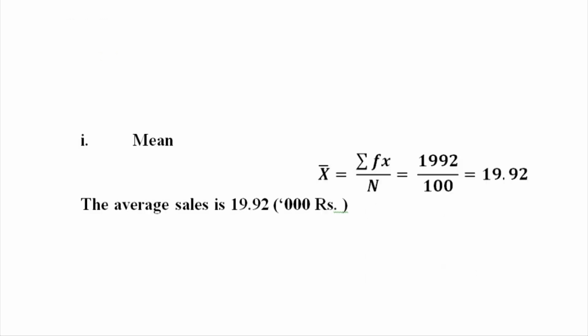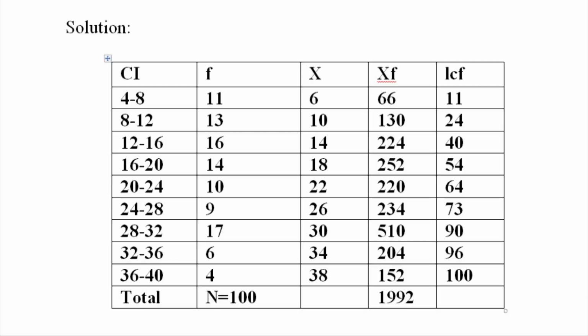The mean is computed using the formula x bar is equal to summation fx divided by n. So, in the third column, we shall compute fx. The values of fx are 66, 130, 224, 252, 220, 234, 510, 204, 152. By adding all the fx values, we get the sum as 1992.